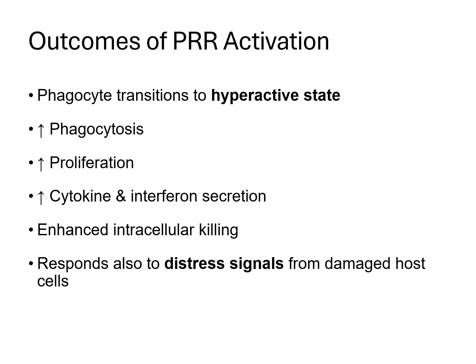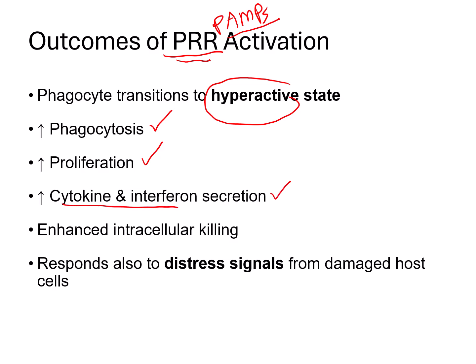Once activated, these phagocytes will transition into a hyperactive state. And again, this is when those pattern recognition receptors are binding to the pathogen-associated molecular patterns. So there will be a greater rate of phagocytosis. The phagocytes will divide. They're going to make and release more interferons and cytokines.